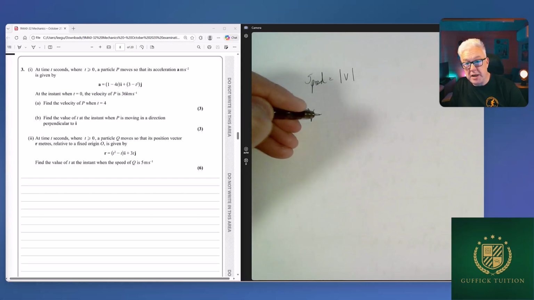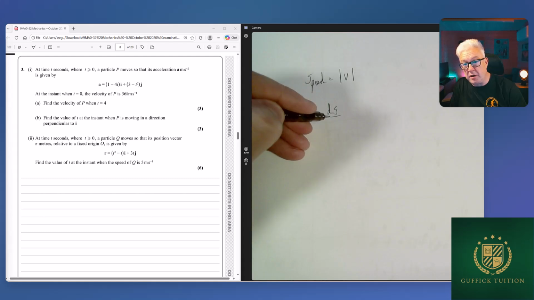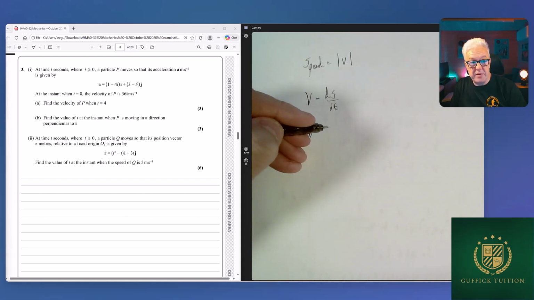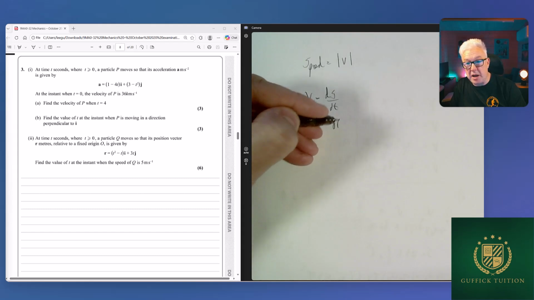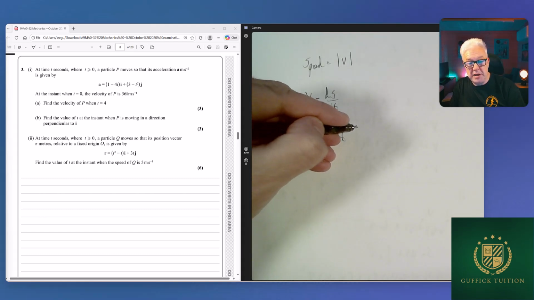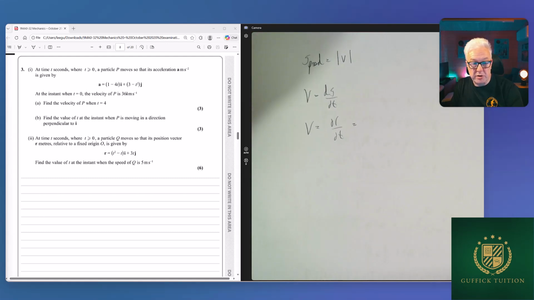But velocity is the derivative of the displacement equation. So the velocity is going to be given by differentiating. It's going to be dr by dt in this case. So we're going to differentiate the position vector equation.